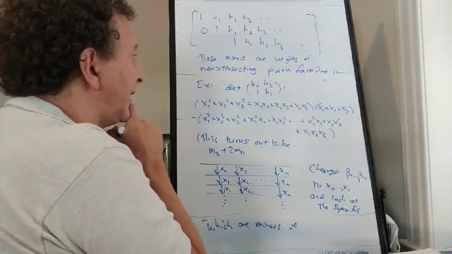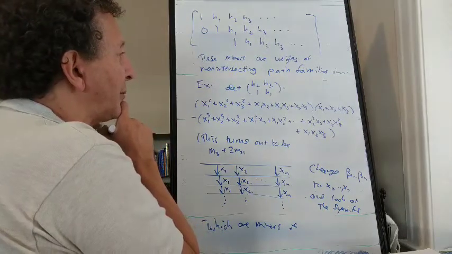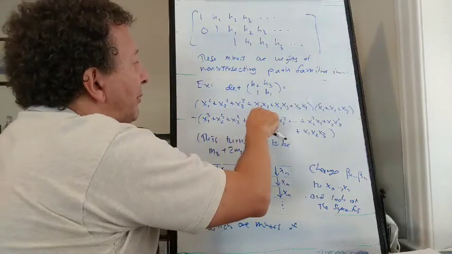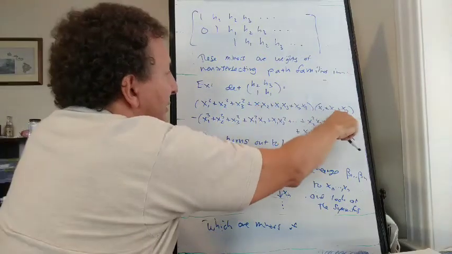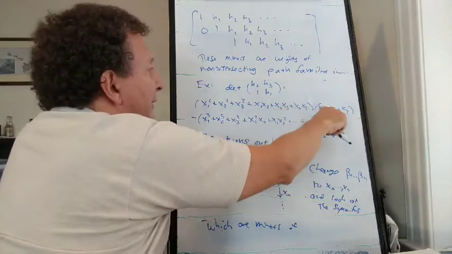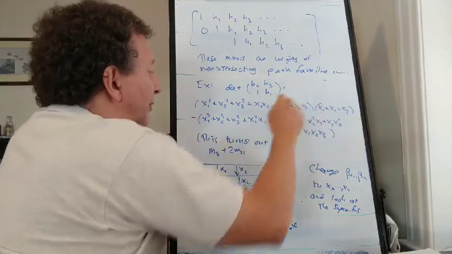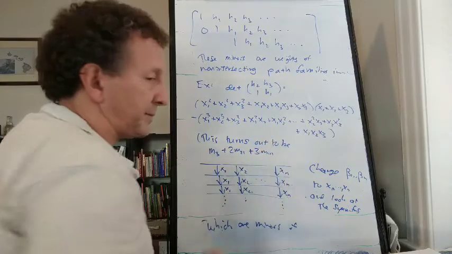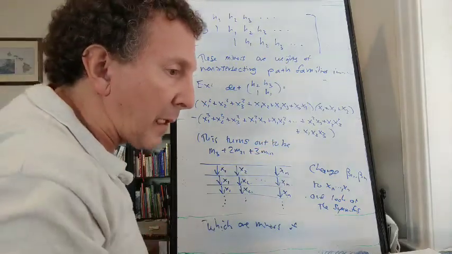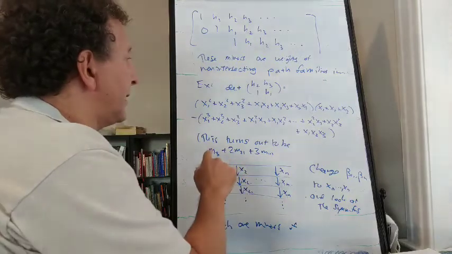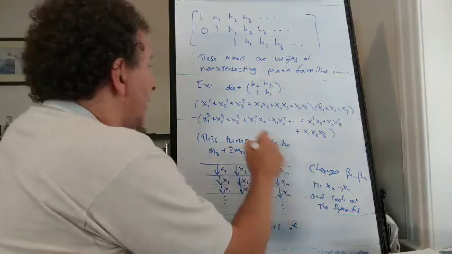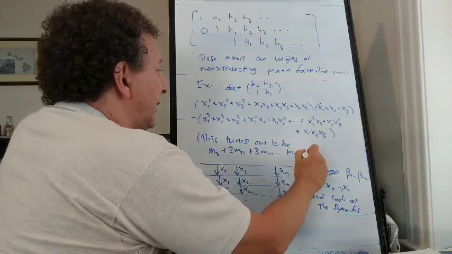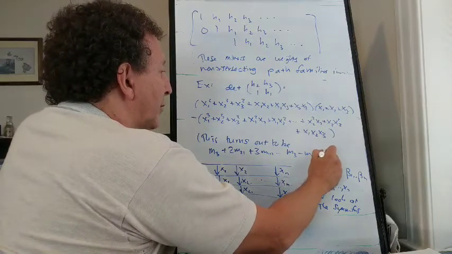And then if we look at all the ways to get a product of all three variables, that's going to happen when we take x1 x2 times x3 here, or x1 x3 times x2 there, etc. So there's three ways to do that. And then we're going to subtract m3 and m21 and m111.